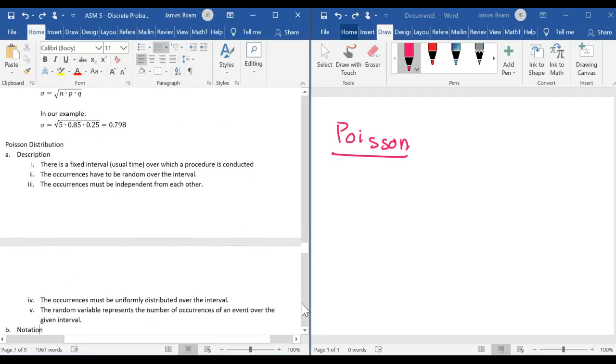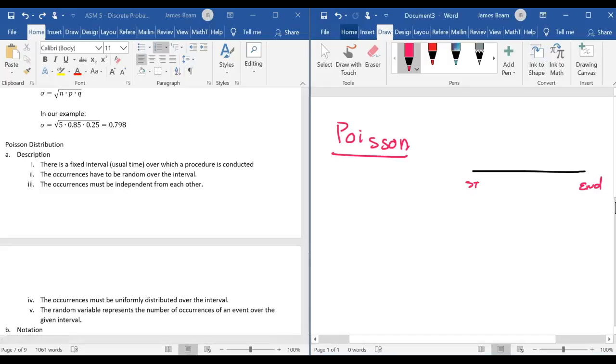All right, so here we go. Poisson is a little bit different. Here you have a fixed interval. Okay, it starts, it ends. It's usually time. It can be other things, but it's usually time. We have occurrences, and occurrences happen at random. The occurrences are independent.